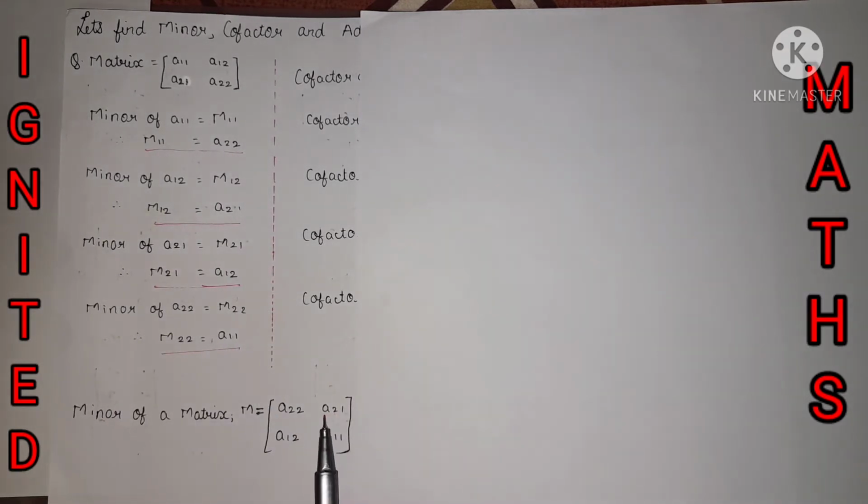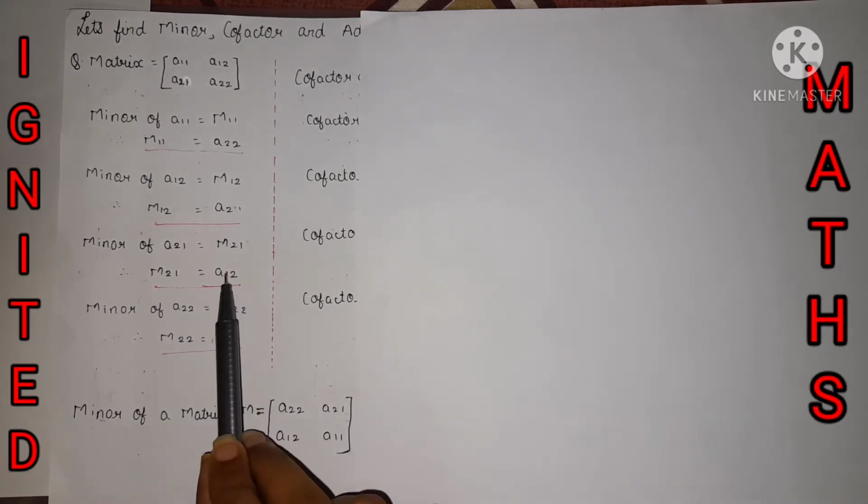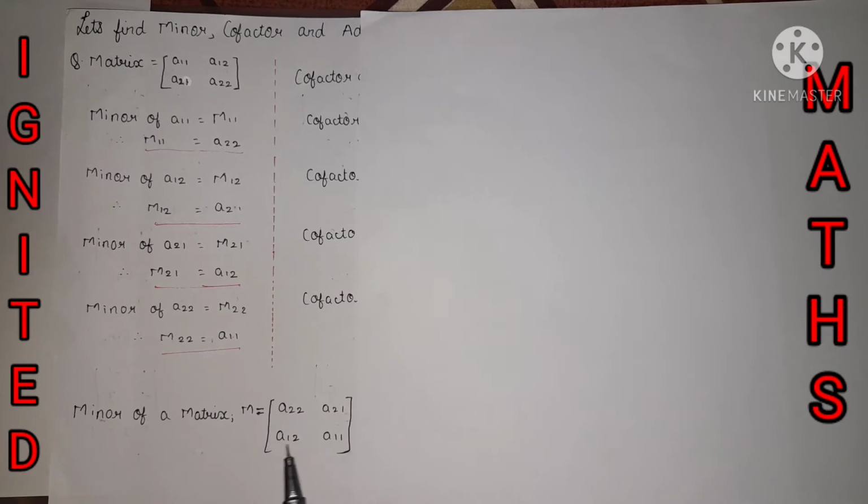M21, minor of second row, first column, and we got the answer A12. M22, second row, second column, and we got the answer A11. This is how we arrange the minor elements in matrix form.